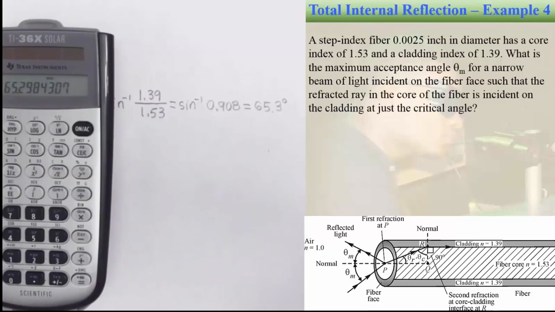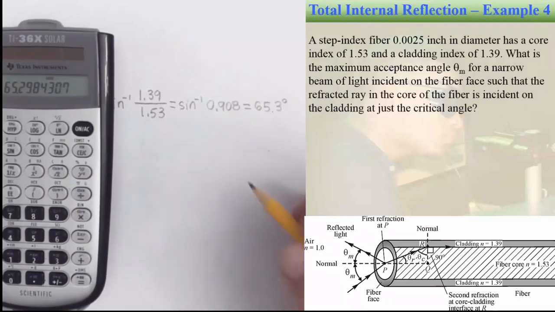So if you refer to the picture shown, the angle theta R is directly related to our previously calculated angle theta C. The triangle that's made out of the vertices P, Q, and R is a right angle triangle, and we know that the sum of the angles in a triangle is equal to 180 degrees.